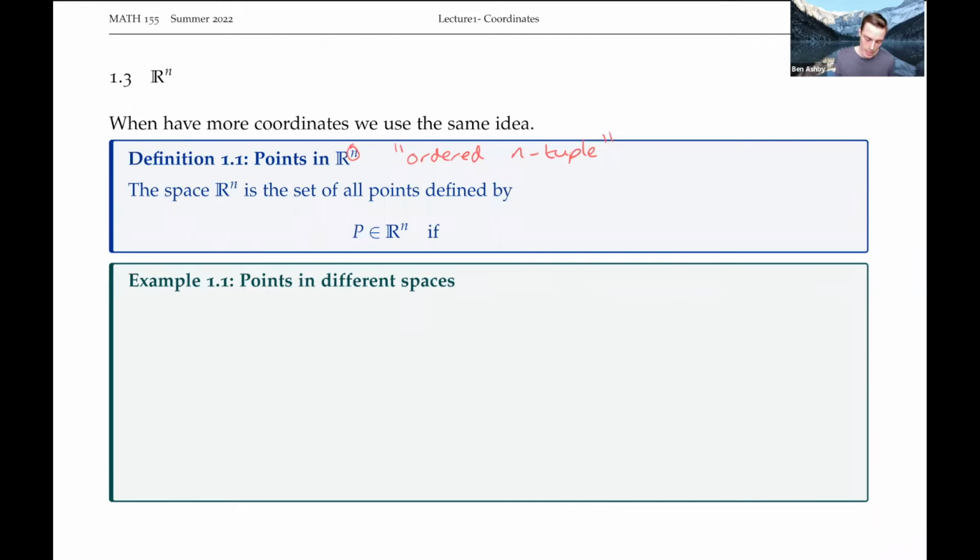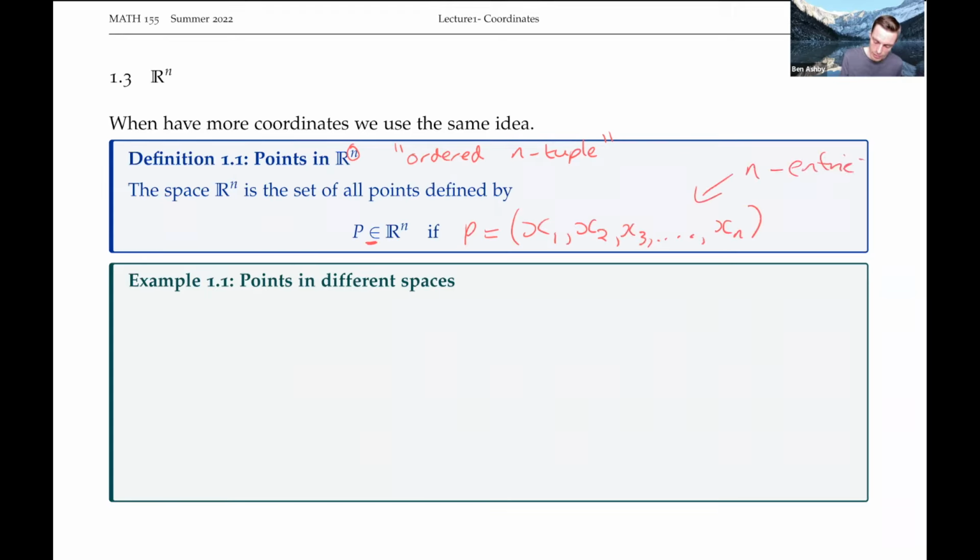And then we say that this space Rn is the real numbers that consists of all set of points defined by P in Rn, if P is equal to a set of elements, x1, x2, x3, and so on, all the way up to xn. So in other words, there are n entries here.